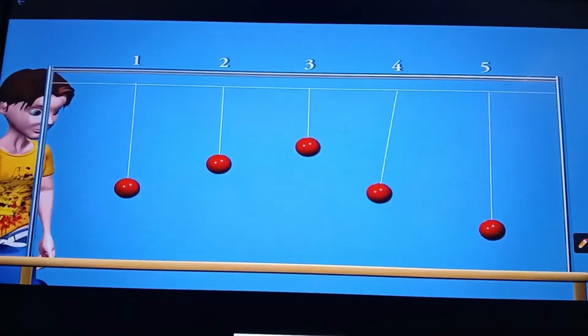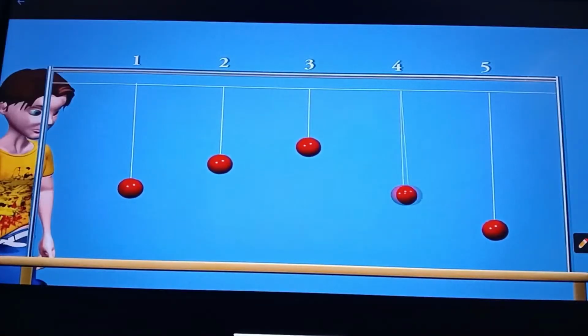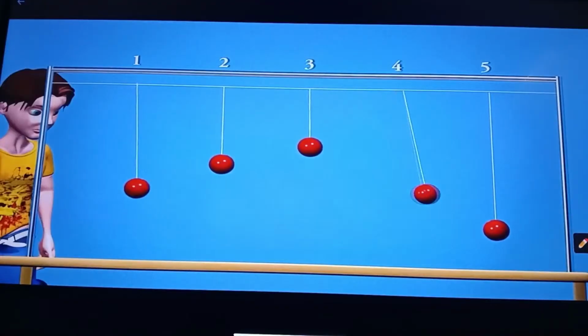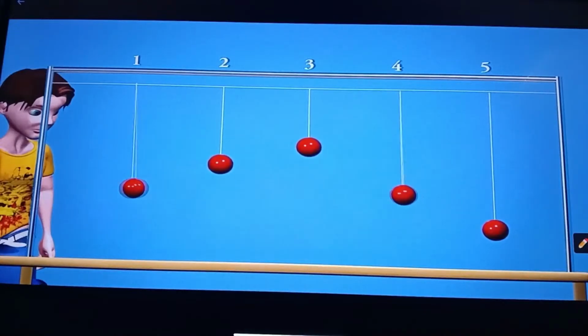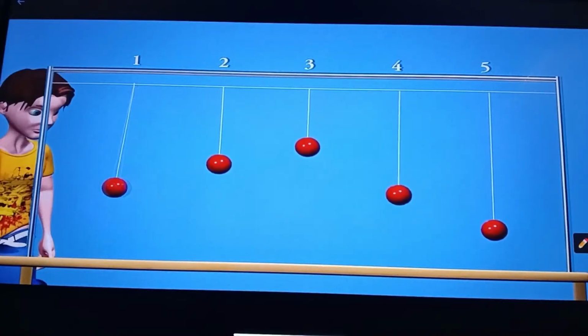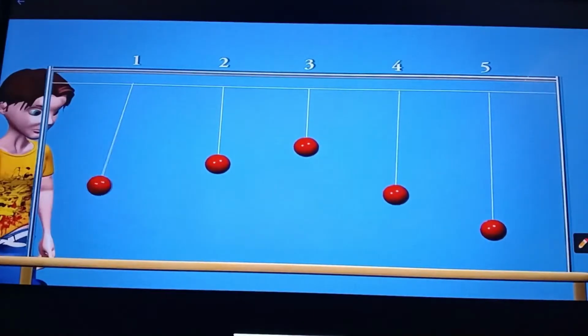We observe that pendulums 2, 3, and 5 first start oscillating with their natural frequencies of oscillation and different amplitudes. But this motion is gradually damped and not sustained.